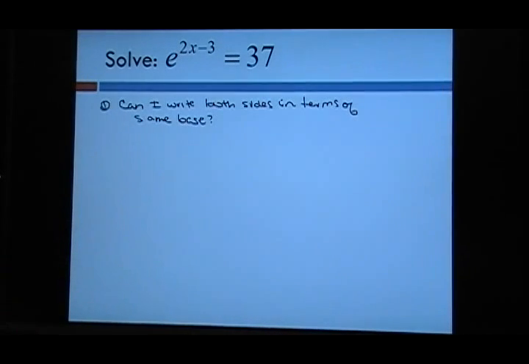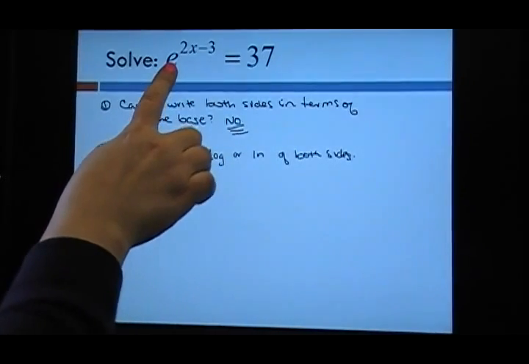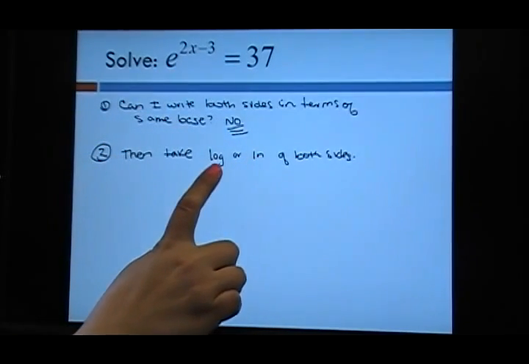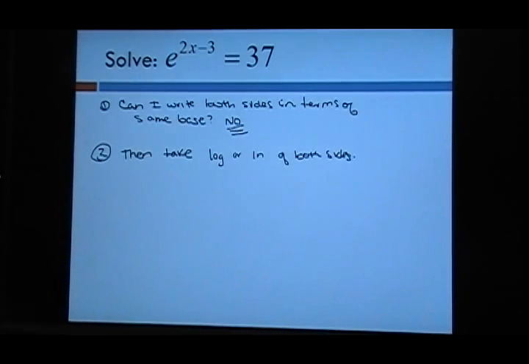Because I can't do that easily, I mean, anything can be done, but for all intents and purposes, we'll say no. So if the answer to that is no, then you're going to either take the log or the natural log of both sides. And when I'm dealing with a base of e, I choose natural log over the common log for a reason you'll see in a minute.